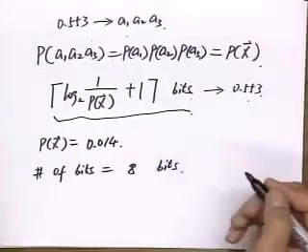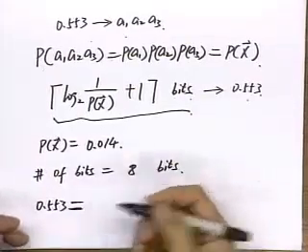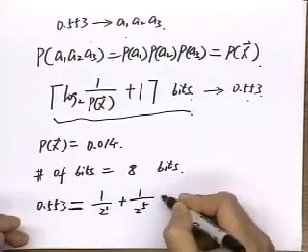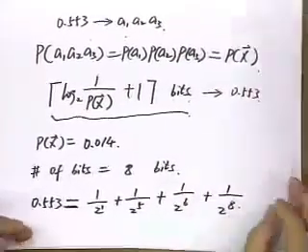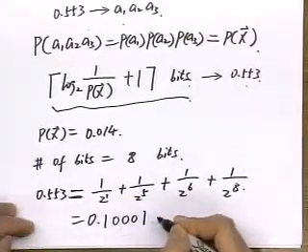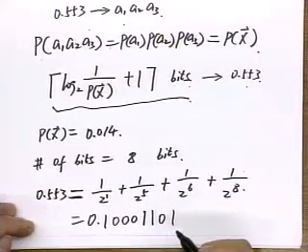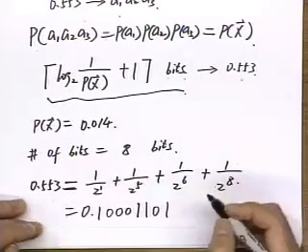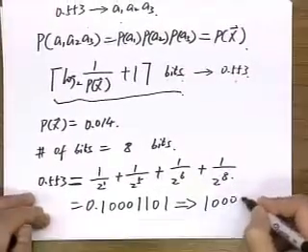So we can get the binary representation of 0.553. Written in binary, it's just 1/2 plus 1/5 plus 1/6 plus 1/8, which is equal to 0.10001101. So we only use 8 bits to represent this real number. So the bits we use to represent 0.553 is just 10001101.